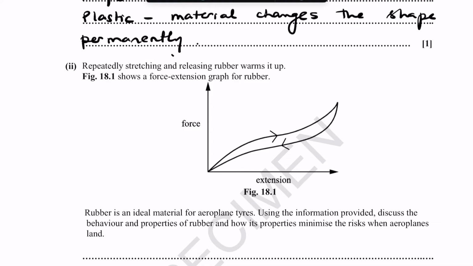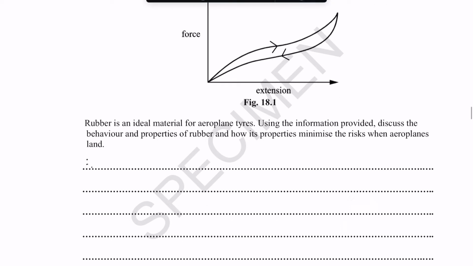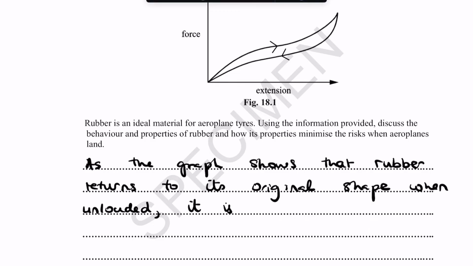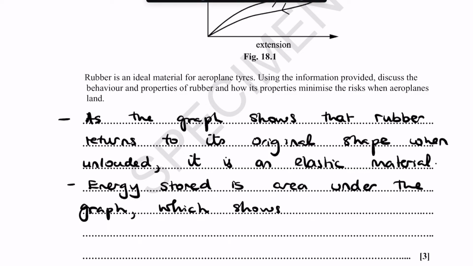So we can see that as the graph shows, rubber returns to its original shape when unloaded. It has an elastic property, or it behaves elastically. And we can also see that the energy stored is the area under the graph, and during unloading, or when it lands, some of the kinetic energy gets transferred into the thermal energy store due to friction between the tires and the road.